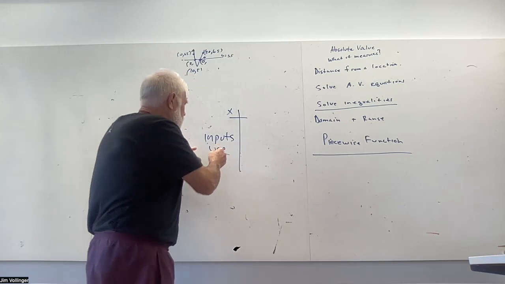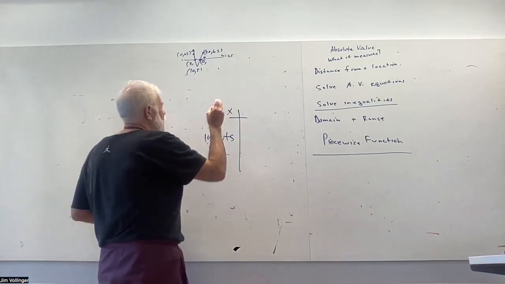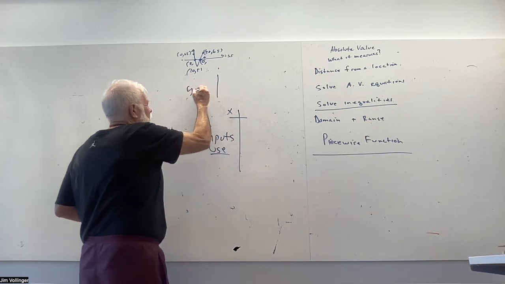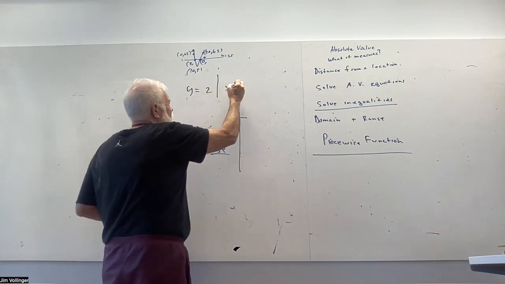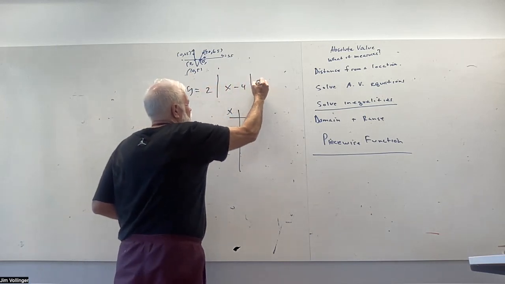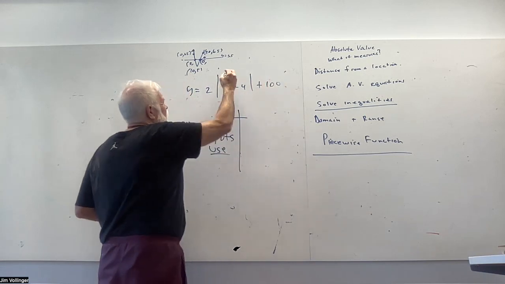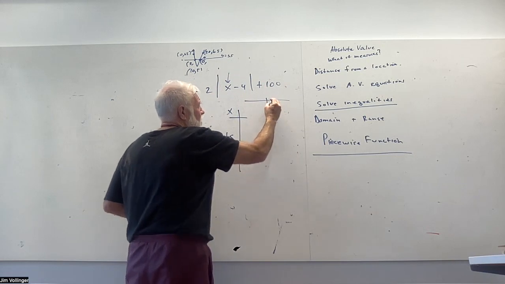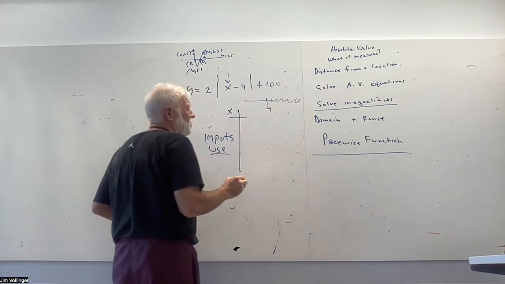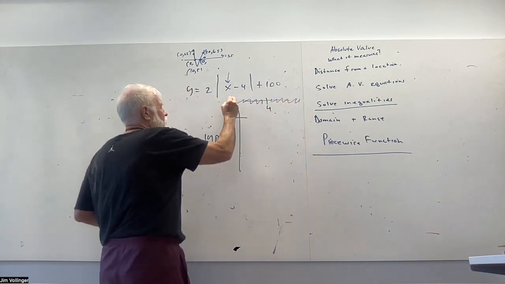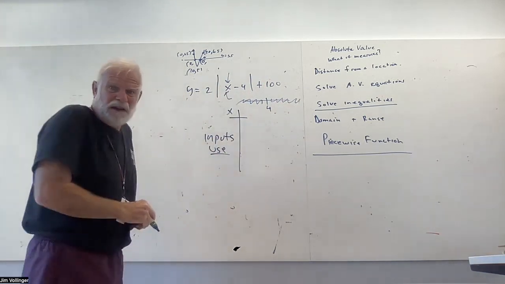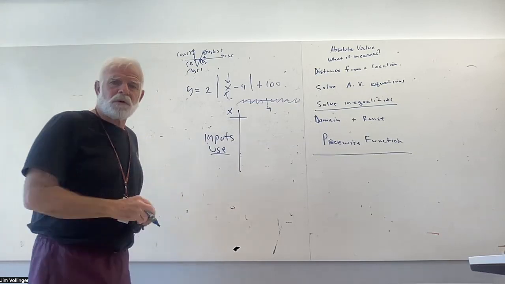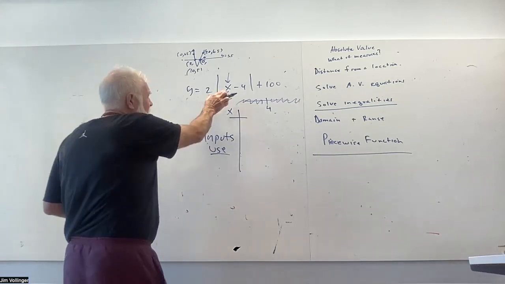Okay, so what can we use here? In this case, you can use anything for this particular type of absolute value. So let's do x minus 4 plus 100, right? What numbers can I plug in there, measuring change from 4? Well, I think we can go forever on a number line to the right, to the left, and put numbers in, find out how far they are from 4. So there's no restriction there. But this thing has got a bottom, right?